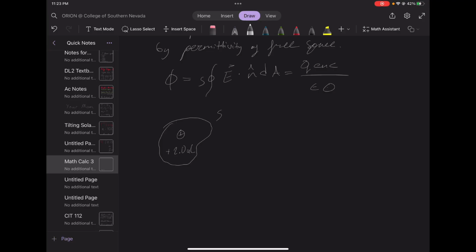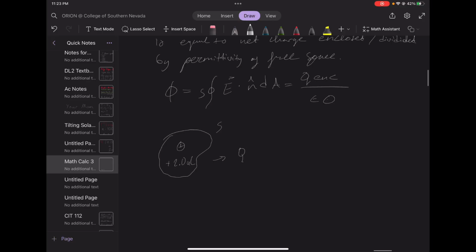And so what you would do is you would take the formula. So you'd multiply, this is the Q, the charge in free space, which is equal to 2.0 in this one, for example. And you would divide that by the flux.